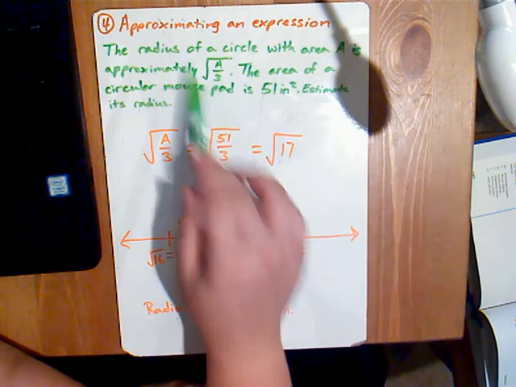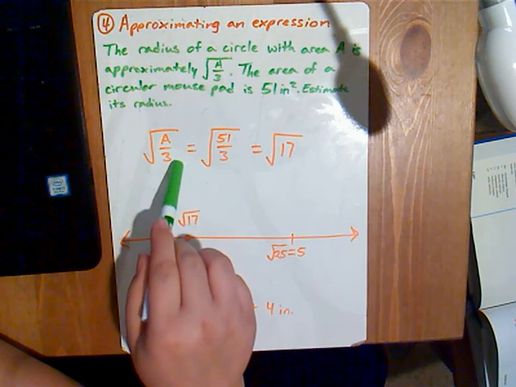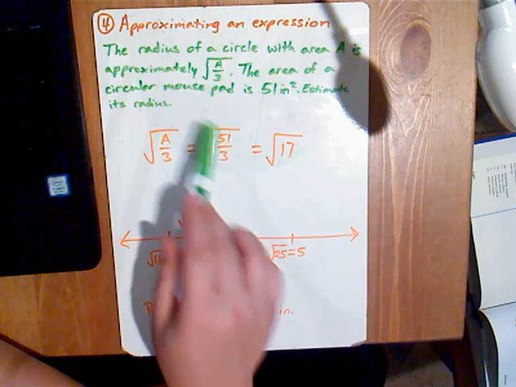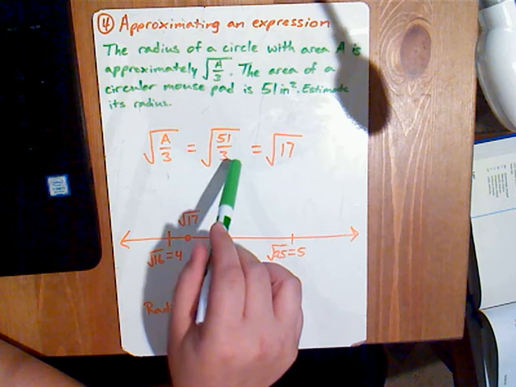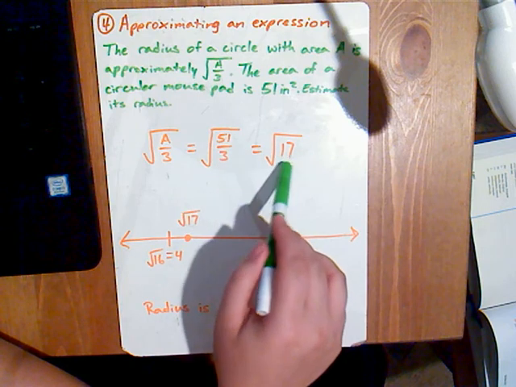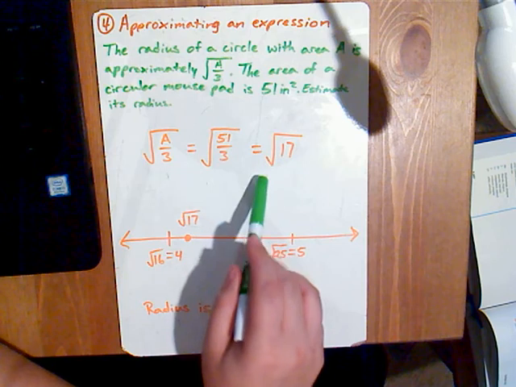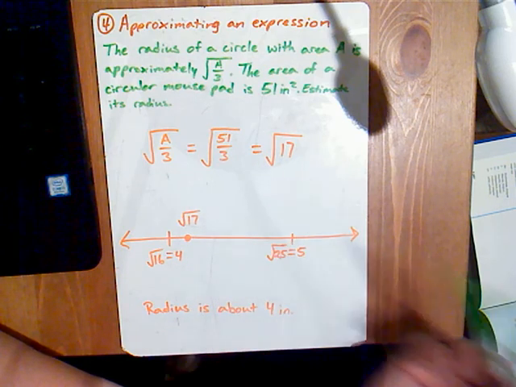So we take this equation, the square root of A divided by 3. So we know that area for this problem is 51. So the square root of 51 divided by 3. And 51 divided by 3 is 17. So we're looking for an estimate of the square root of 17 for our radius.